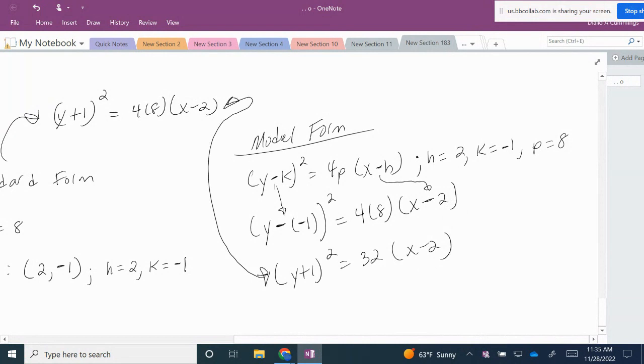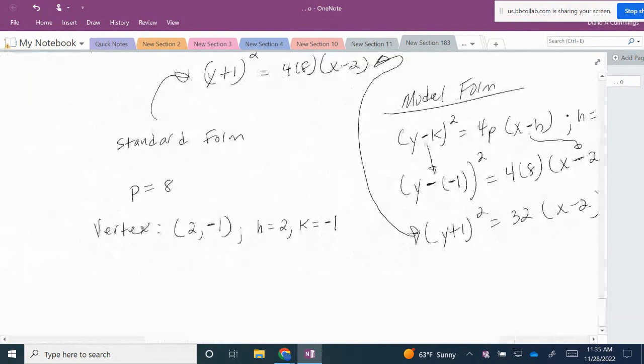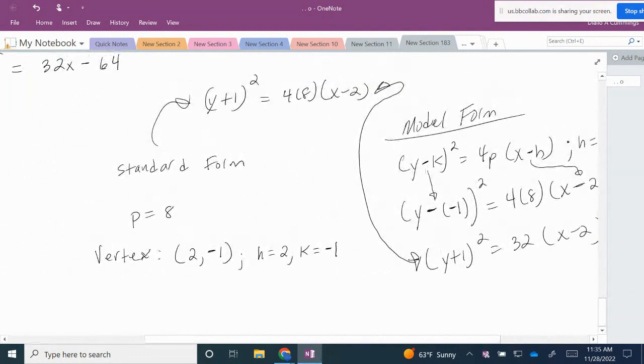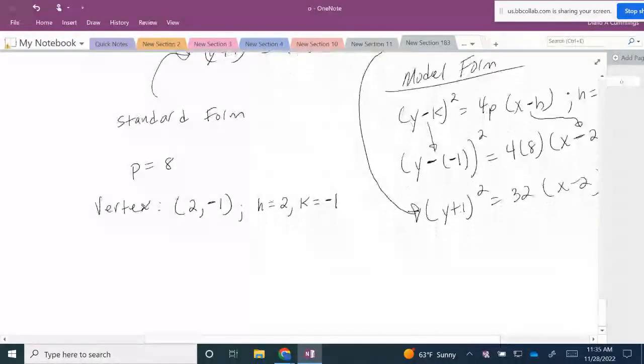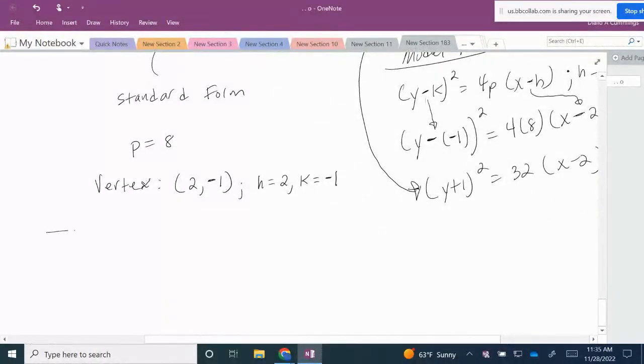Okay. So with that being said, you must change your signs when you take your vertex out of your equation. Notice when we wrote our equation, we had y plus 1, but I had to change that plus 1 to a negative, and I had to change x minus 2, my h, to a positive 2, because we're going to need these three things.